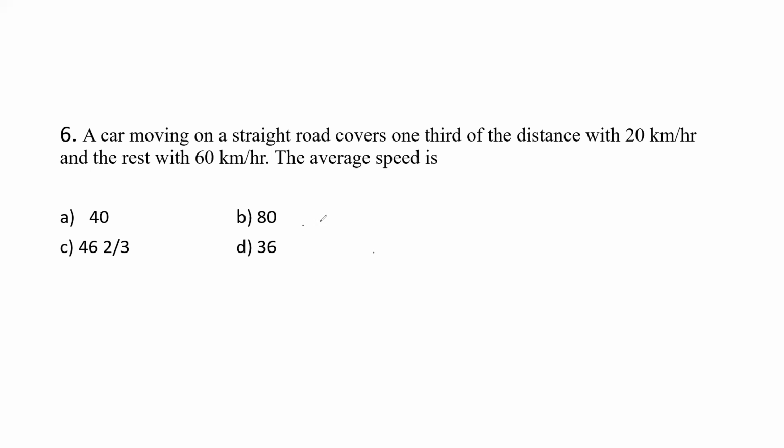So if we take the distance as x, and time is equal to t1 plus t2. So here we can write what is given. A car is moving on a straight road. It covers 1/3 of the distance.